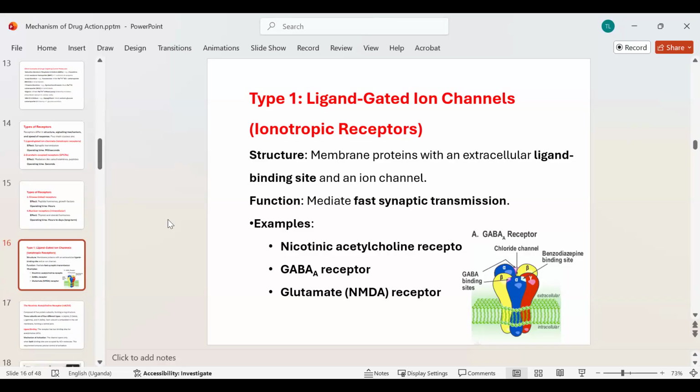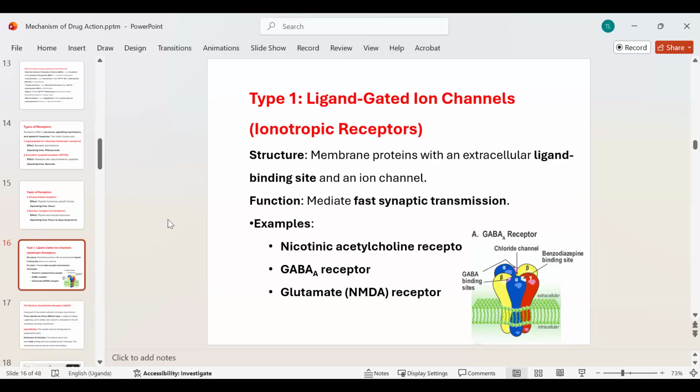And these receptors are specific. The one that allows chloride does not allow potassium. The one that allows sodium does not allow chloride. That's why they are specific. You can see some of the examples here that have been given.